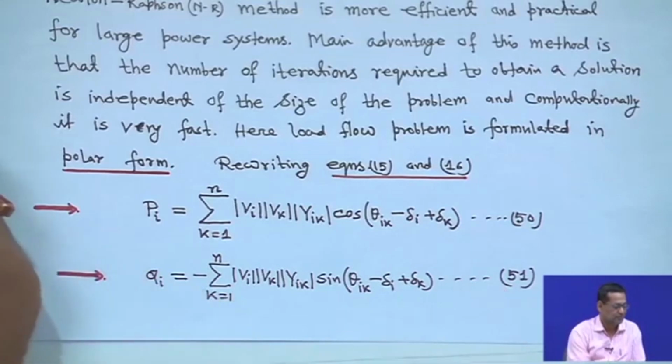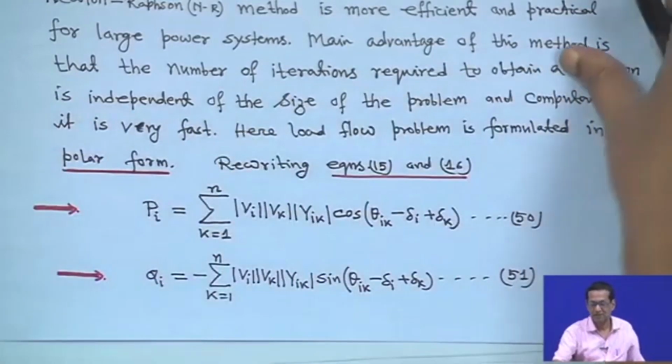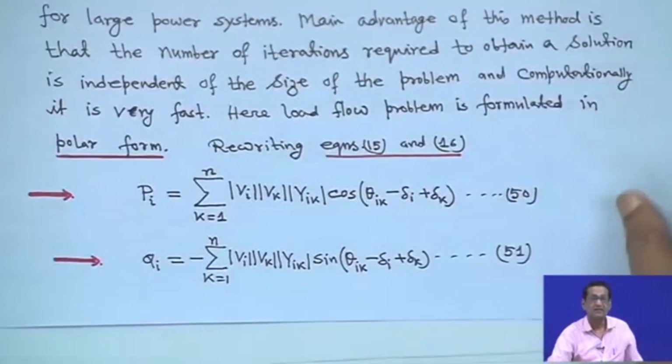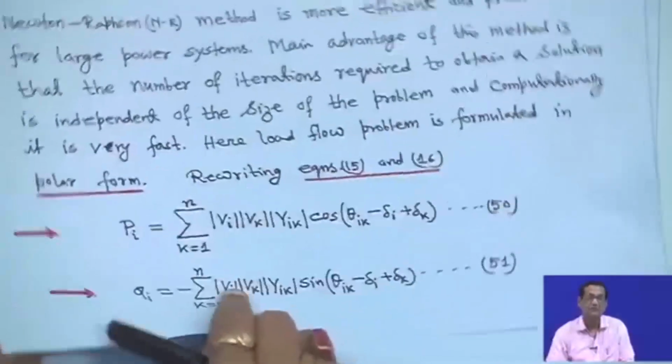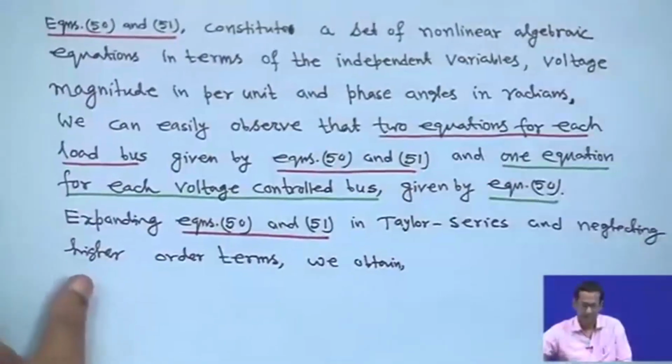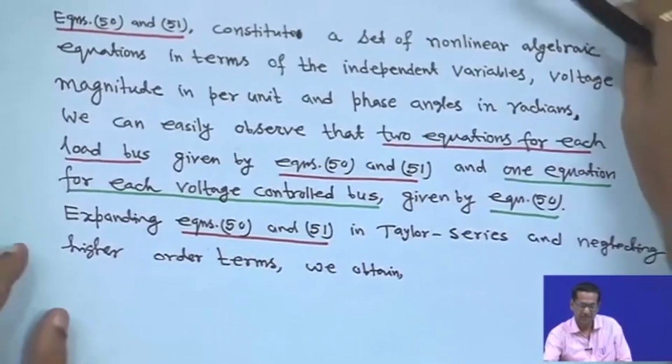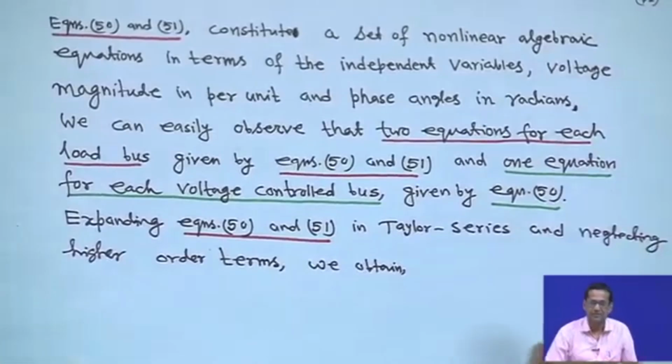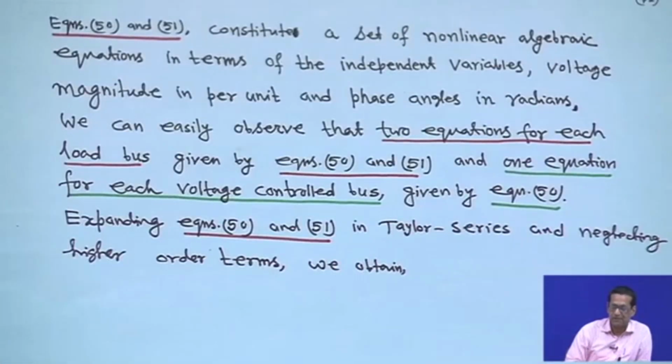So, it is a set of nonlinear equations, right. But here also you have to consider the P bus, PQ bus and PV bus, right. So, equations 50 and 51 constitute a set of nonlinear algebraic equations in terms of independent variables, voltage magnitude in per unit and phase angles in radians, right.